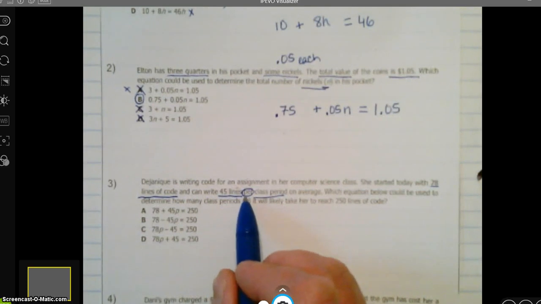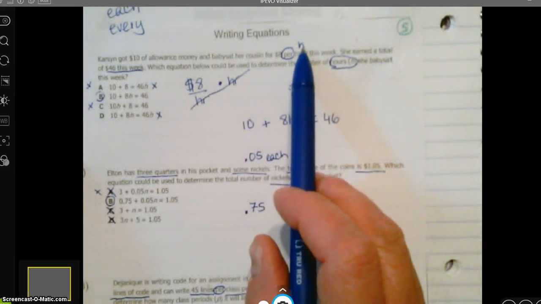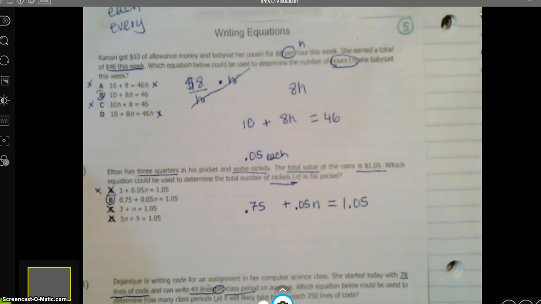Remember, just like here, it was 8 per H, 8H. That's probably going to tell me this is either 45C or 45P. So we're going to figure out what the variable is here momentarily.